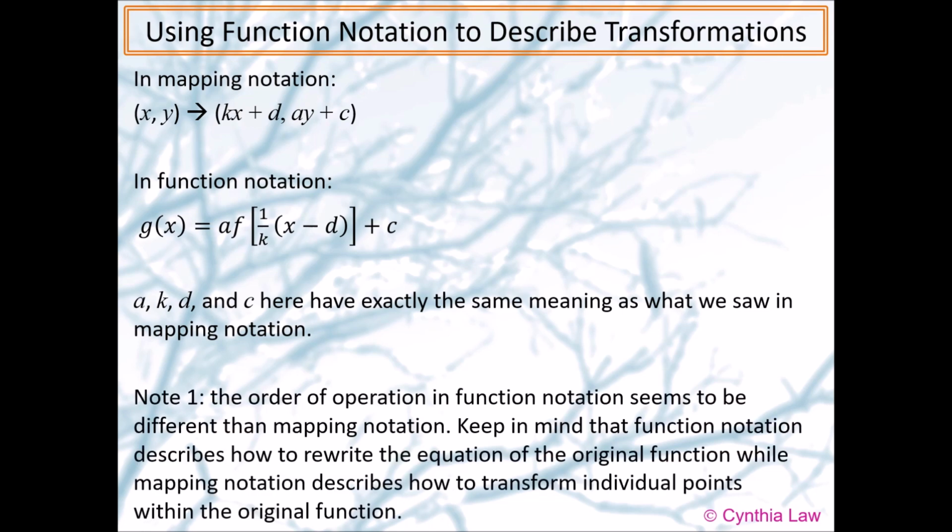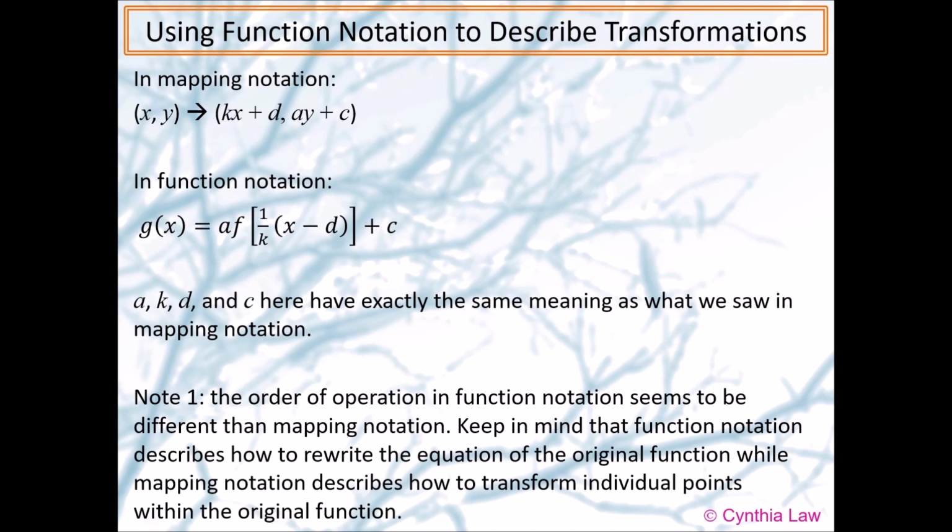However, you would notice that for the x-coordinate, look at the x-coordinate in the mapping notation and look at how x is described in the function notation. They look different. So in the mapping notation, x is multiplied by k before adding d.